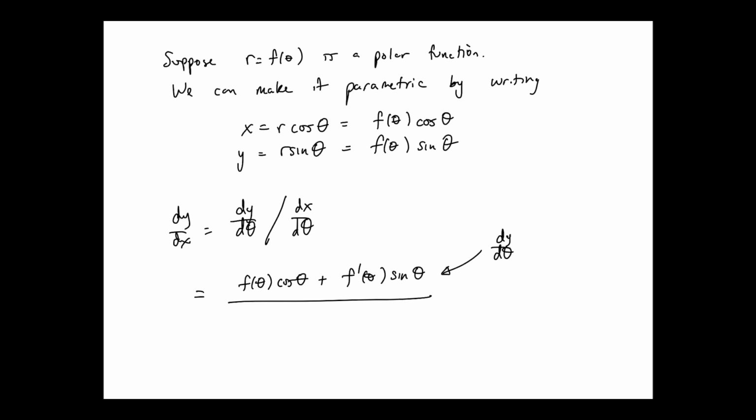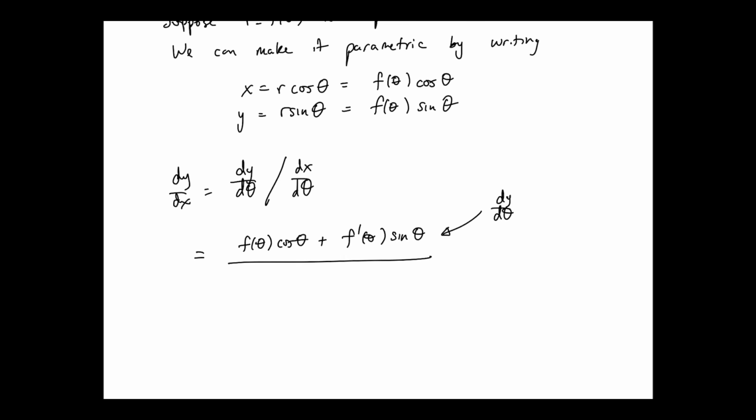So what is it? That, right? The first term is minus in this case because the derivative of cosine is minus sine. So that thing is the slope of our tangent line.